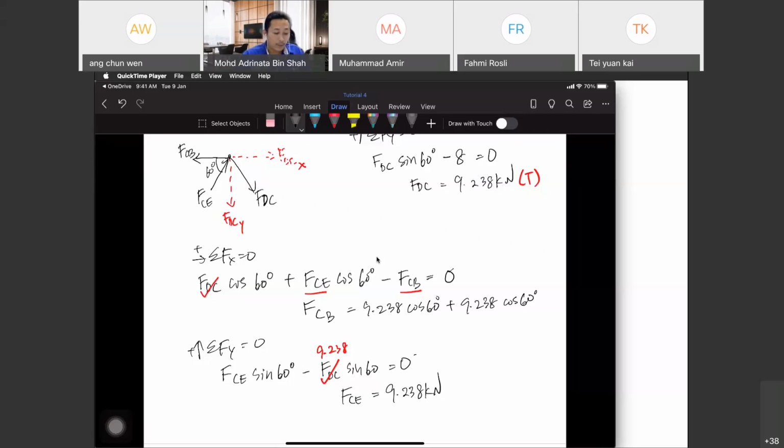Okay, so our FCB equals to, cosine 60 is 0.5. Okay, so we have also the same answer.